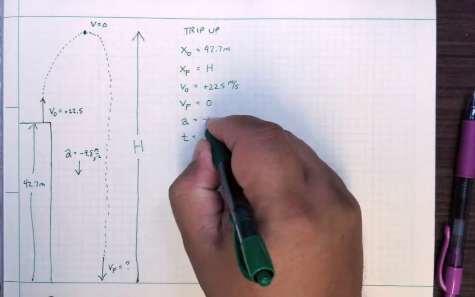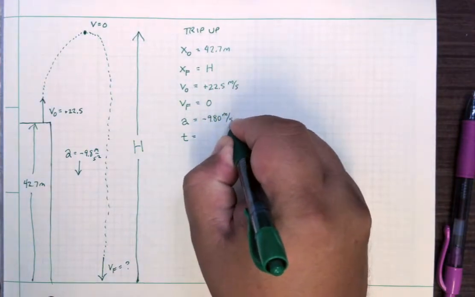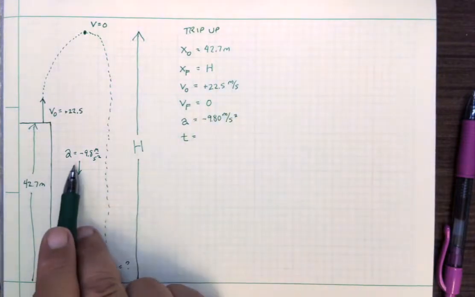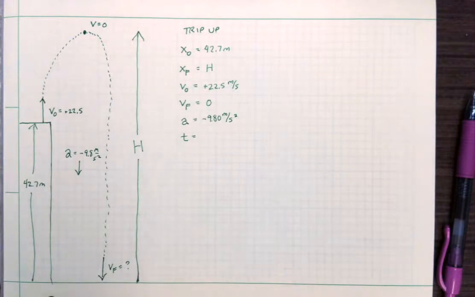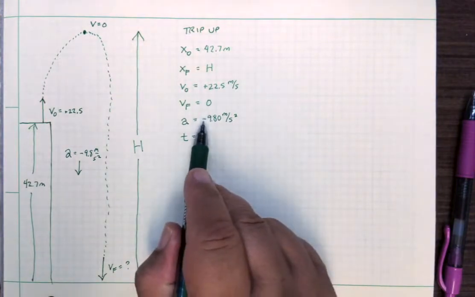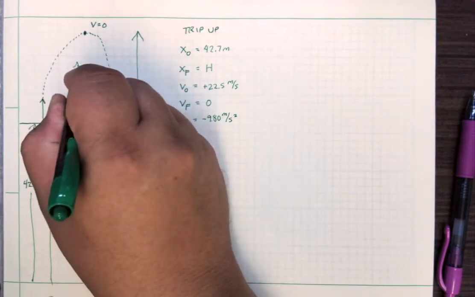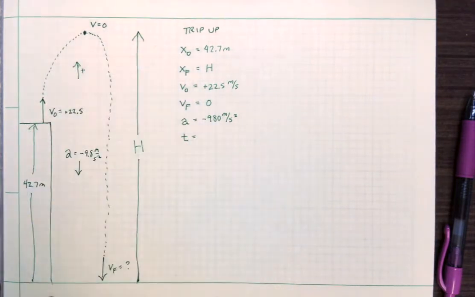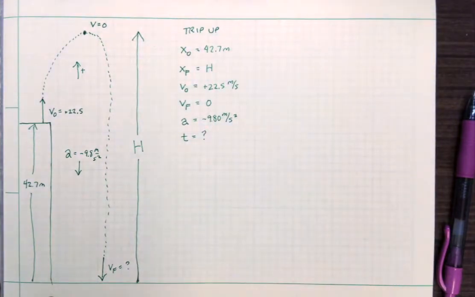Since we are neglecting air resistance, the ball is in free fall, and so we know that its acceleration is 9.80 meters per second squared, down, and we signify that by putting a negative sign. In this problem, up is going to be positive. We do not know the time it takes for the ball to go up.